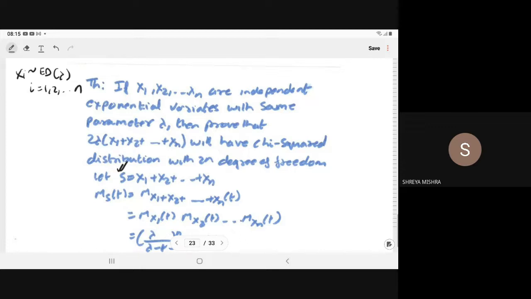So if you compute the moment generating function for S, this becomes M of (x1 plus x2 plus ... plus xn) at t, which can be written as the product of the MGFs, Mx1(t) times Mx2(t) times ... times Mxn(t).